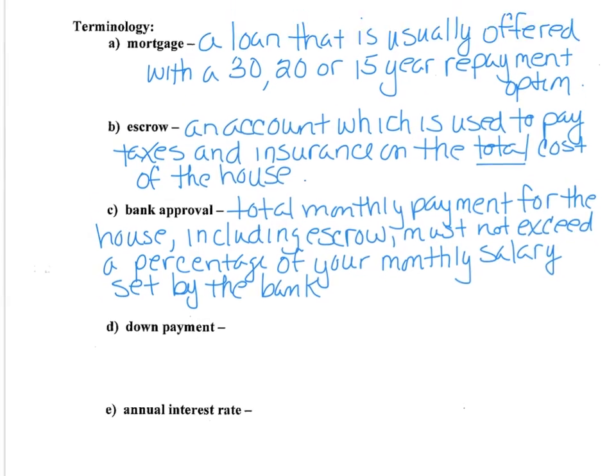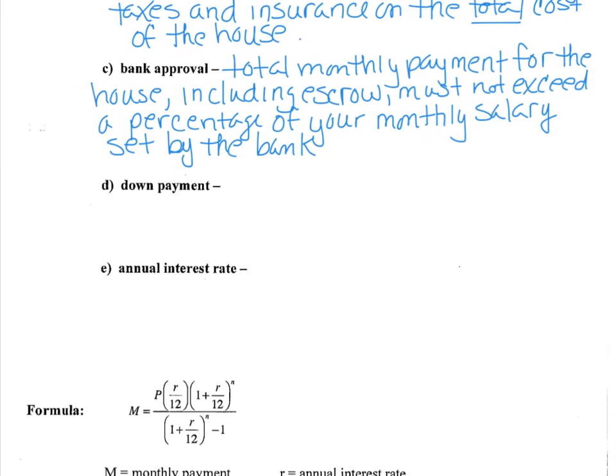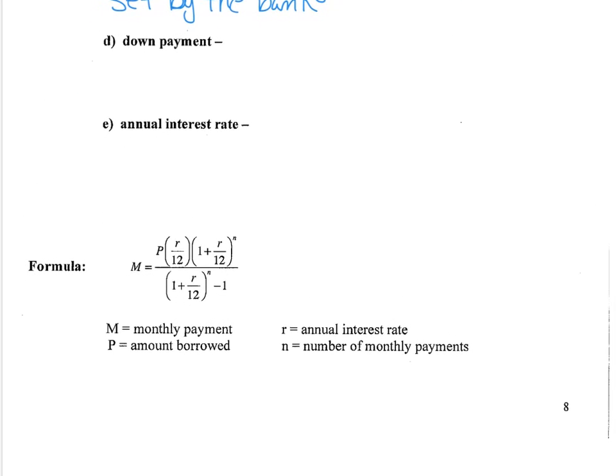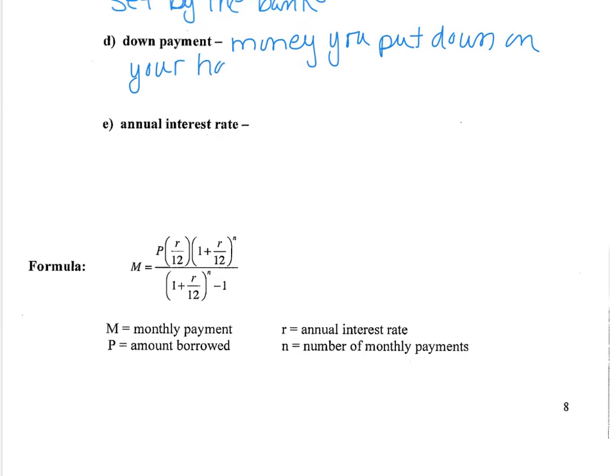Okay, the next one is down payment, and everybody should understand what down payment is. Down payment is money you put down on your home to lower your mortgage payment.